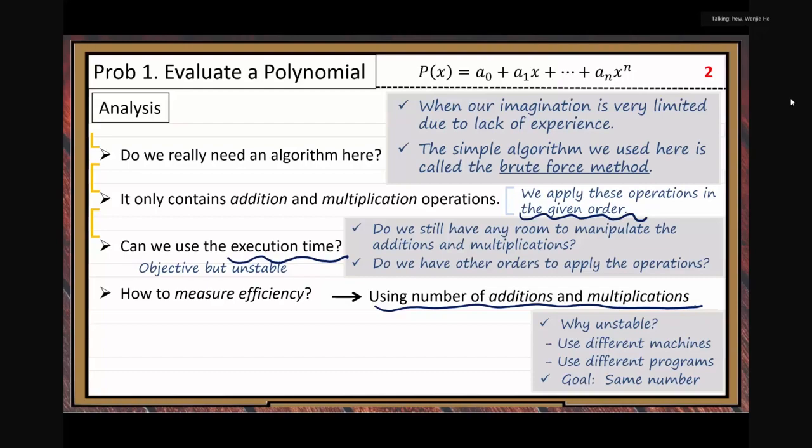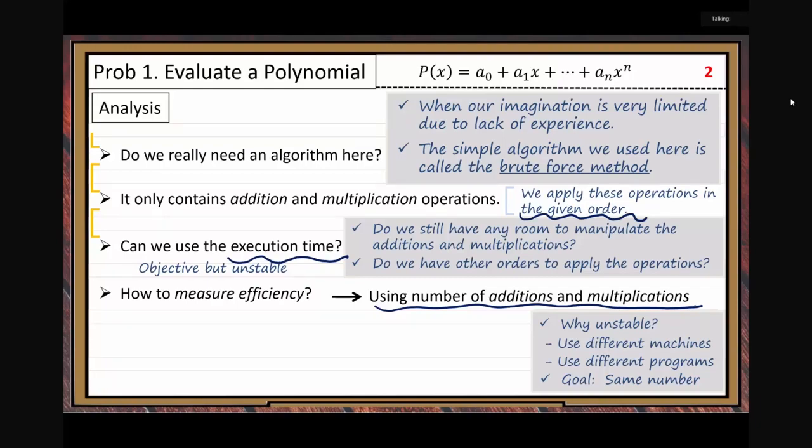That number does not rely on hardware or software. For a supercomputer, you do the same number of operations. For any implementation, basically you implement the same number of operations. So that's objective and stable.